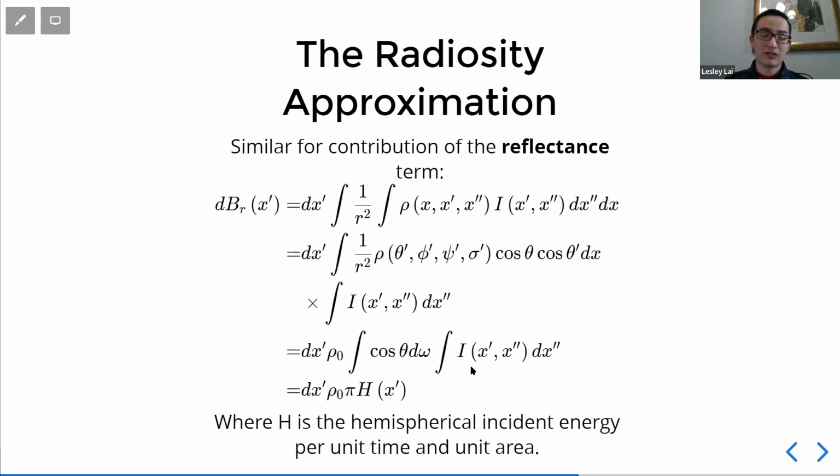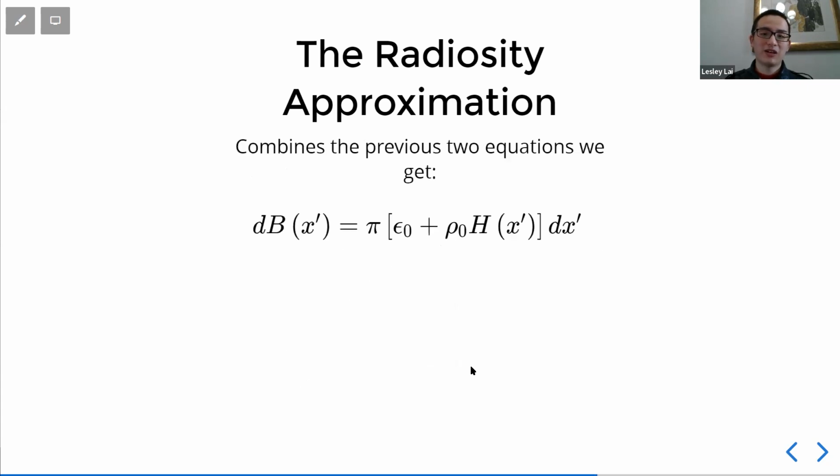We don't need to really understand this stuff, but the cool thing is, combining the previous two equations, we get this equation, which is exactly what the radiosity folks proposed in 1984. So radiosity is also tied back into the rendering equation. So that's pretty cool.